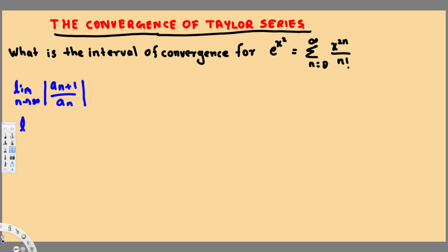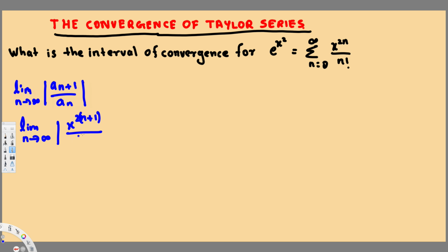So first of all, we have the limit as n approaches infinity of a_(n+1). Here, wherever we have n, we just add 1 to that. So the numerator is going to be x power 2(n+1), so here 2 times n plus 1, which is going to be 2n plus 2.